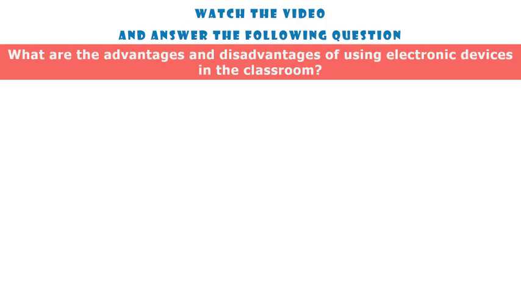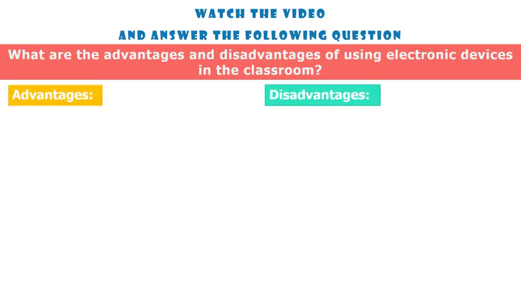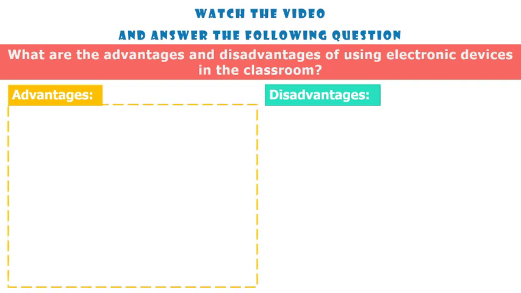Have you had the answer? Here is the answer. There are some advantages and disadvantages of using electronic devices in the classroom mentioned in this video. We will get to the first part, advantages.